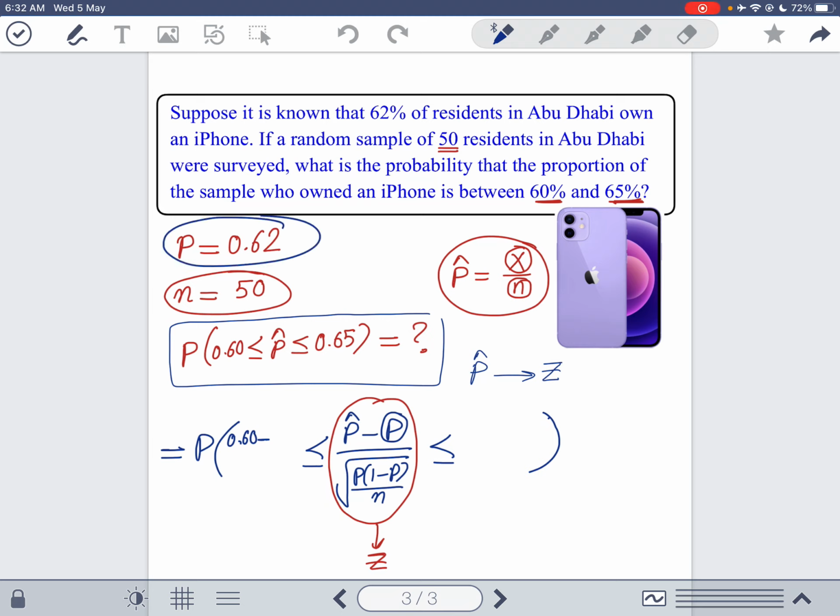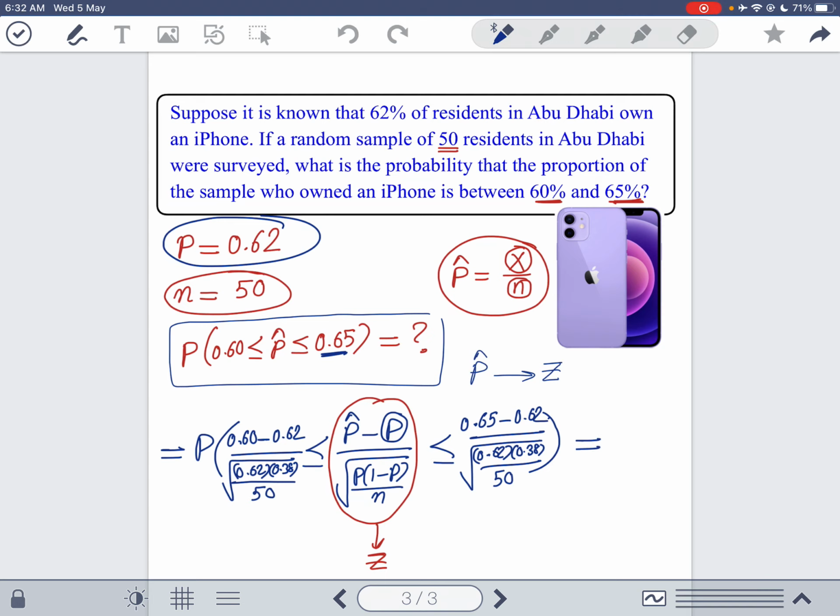We have it, 0.62, over radical 0.62 times 1 minus 0.62, which is 0.38, over 50. And here the same thing, but because you want to go up to 65, you'll put 0.65 minus 0.62 over the same radical, this times this over 50.